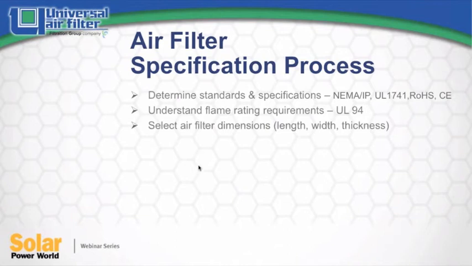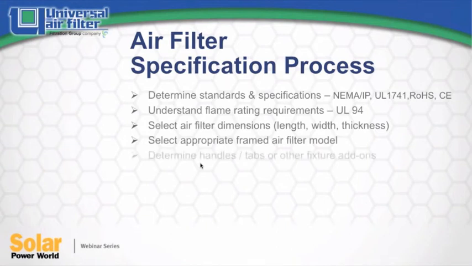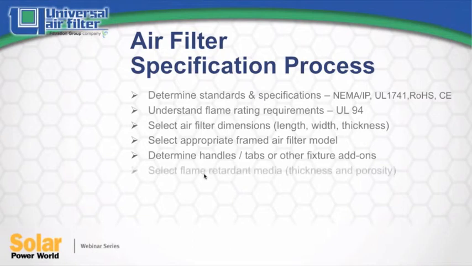Select the size your air filter can be or needs to be. Pick a framed air filter assembly. Decide if you need handles or tabs or other fixture components. Select the flame retardant media, thickness and porosity or density of the media.